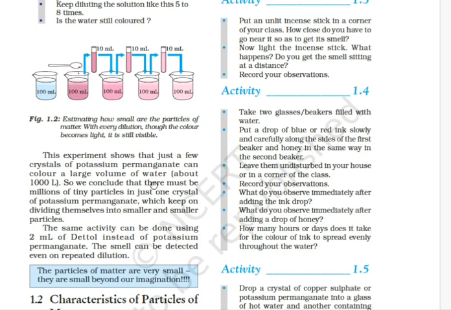Even then the smell of Dettol will be there. So this means that the particles are dividing into smaller and smaller particles. We can say that the particles of matter are very small. They are small beyond our imagination.